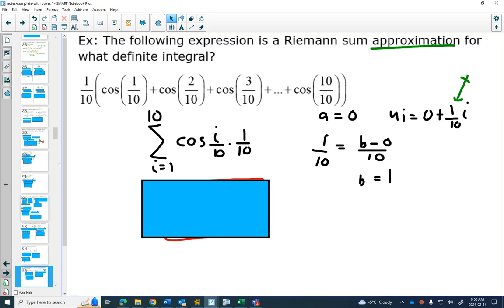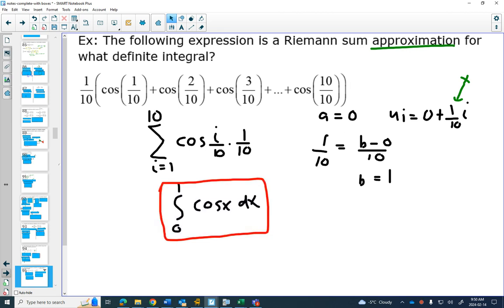And then your x_i would be a value 0 plus 1/10 of i, and that just replaces this with cos of x.